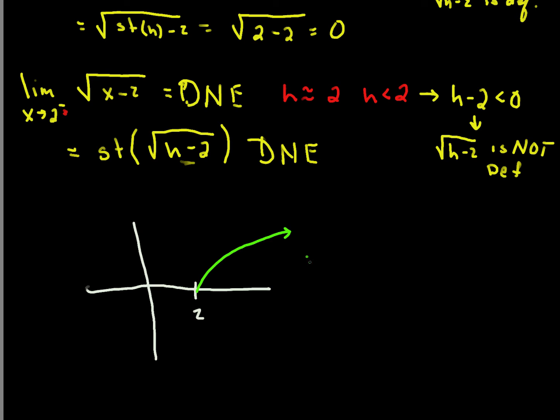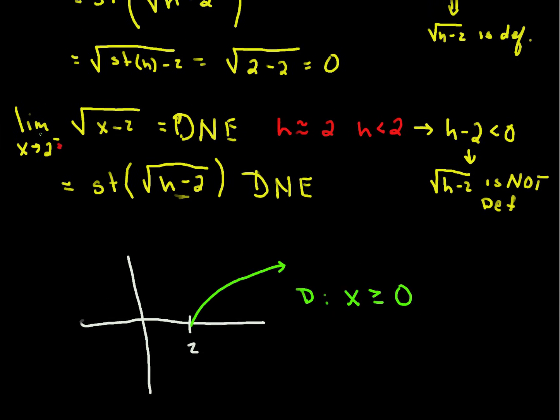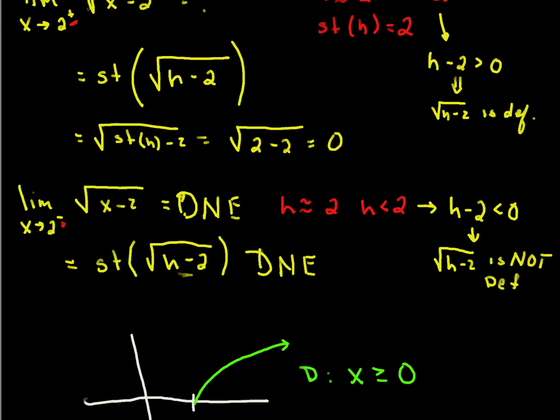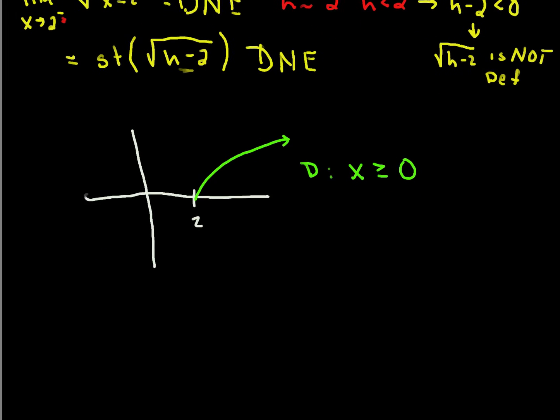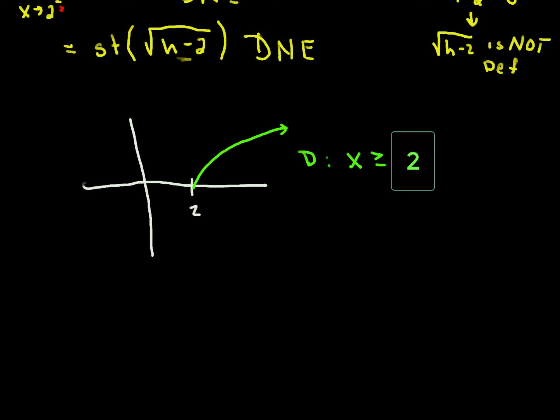The domain is x bigger than or equal to 2. So when we took our limit, we let x get close to 2 from the right, which means we're going this way. This was our limit as x approaches 2 from the right.